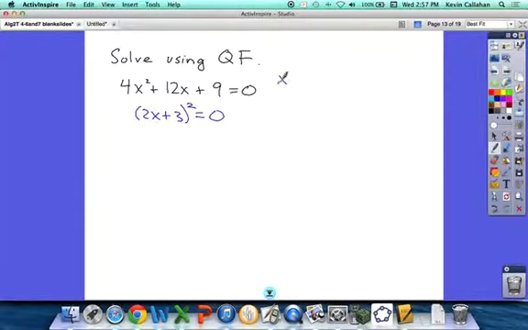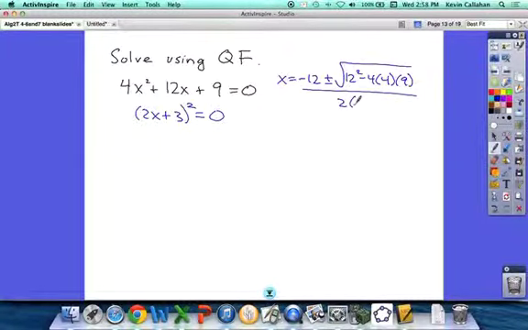All right, X equals negative 12 plus or minus the square root of 12 squared minus 4 times 4 times 9, divided by 2 times 4. Okay, what's 12 squared? Right? 144.